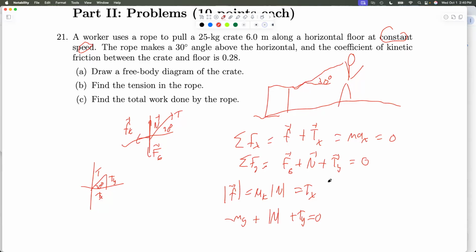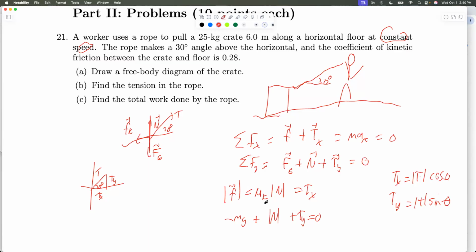Yeah, we're going to solve this system. All right, Tx is the magnitude of T cosine of theta. Ty is the magnitude of T sine theta. That's just from the picture.